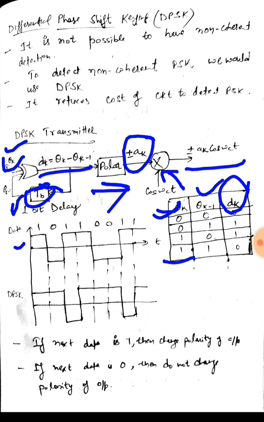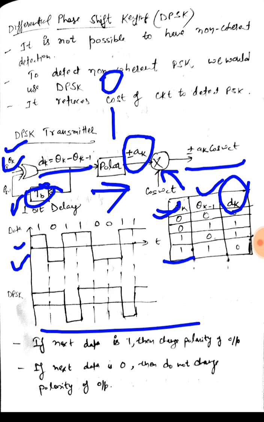So it would be plus ak cos omega ct or minus ak cos omega ct depending upon the value of the input. If it is 0, it will be minus ak cos omega ct, and if it is 1, it will be plus ak cos omega ct. So if this is our data, then the DPSK signal would look like this.